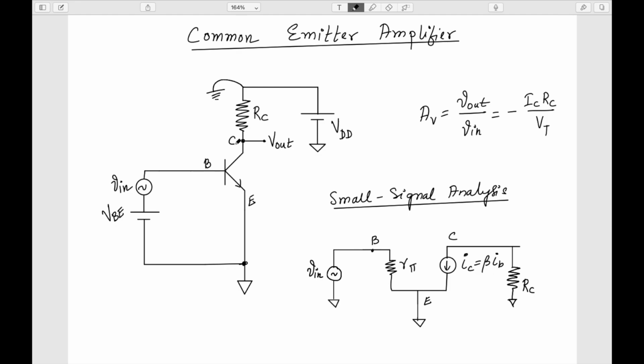So when we say that for the AC this is grounded, it means that in reality it is not grounded. In reality, it is VDD. But for the AC, means for the change, this is like a zero, because there is no change. So for the AC signal, there is no change here, so it is like a ground.